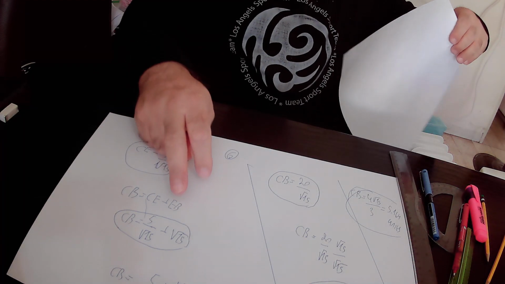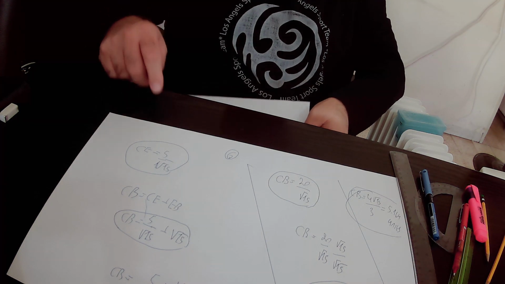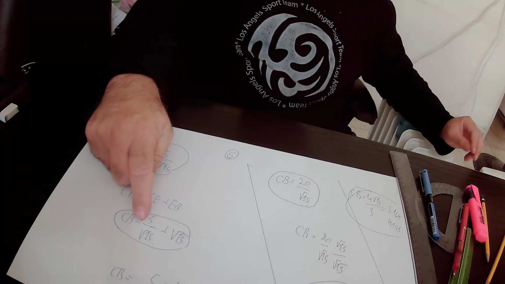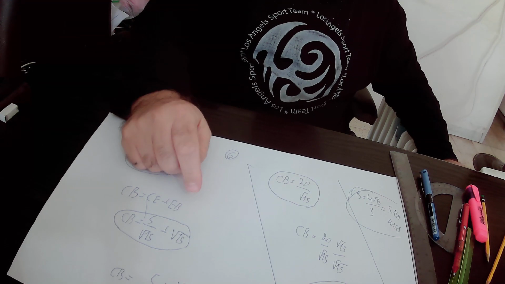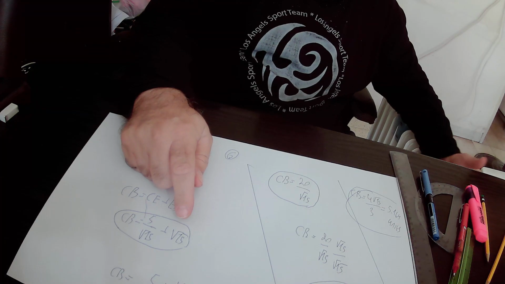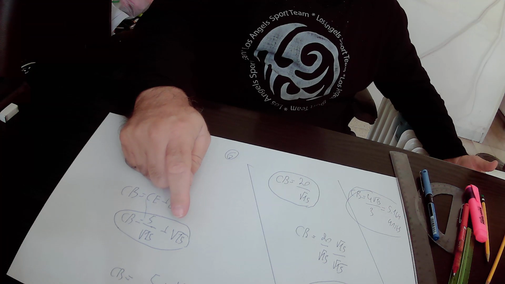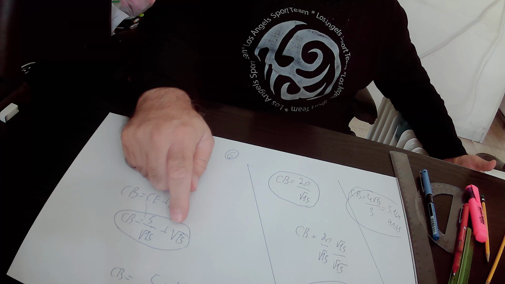Here we simplify this expression. Why? Because we want to eliminate the square root of 15 in the denominator. We multiplied by the square root of 15 over the square root of 15, so we actually multiplied by 1 and changed nothing.